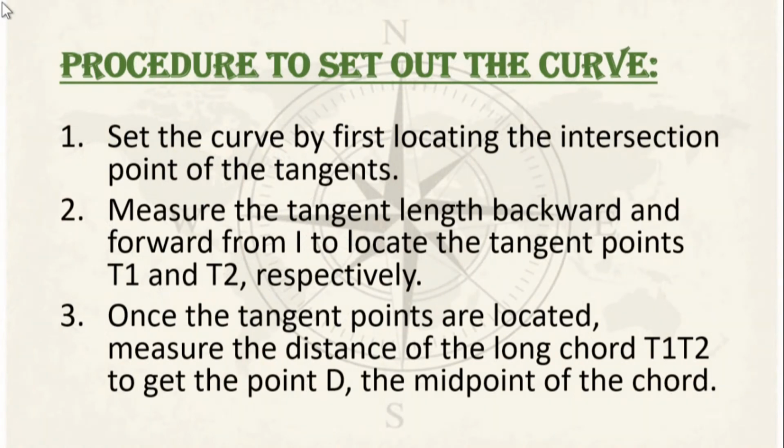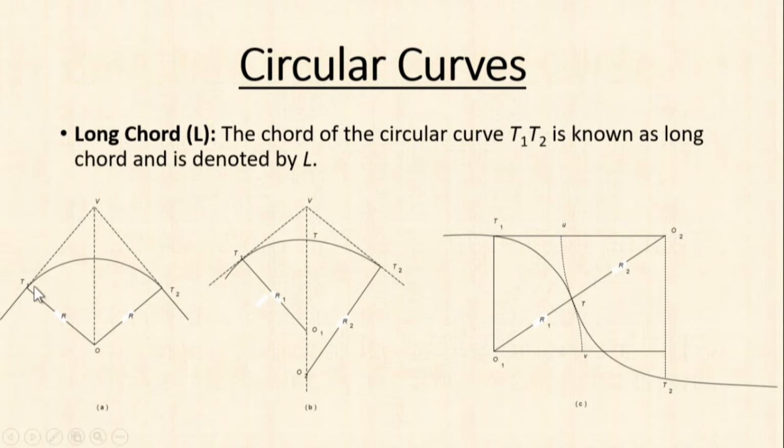Once the tangent points are located, measure the distance of the chord T1 and T2 to get the point D, the midpoint of the chord. Here, the T1 and T2, as I said earlier, is the measured length.